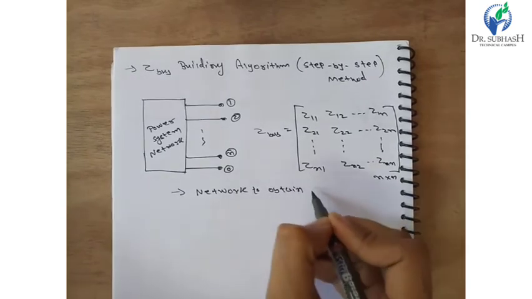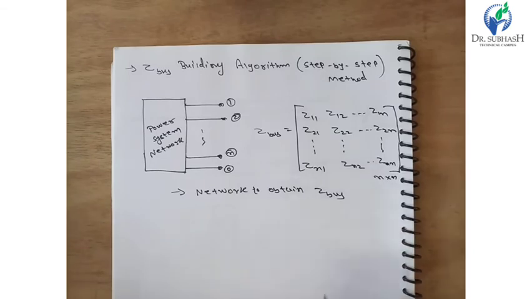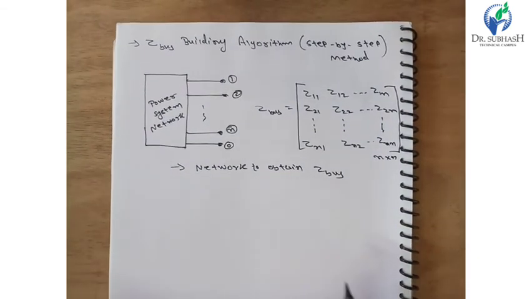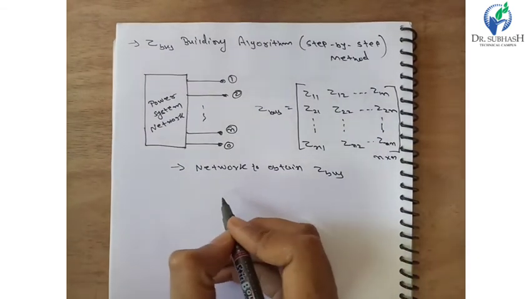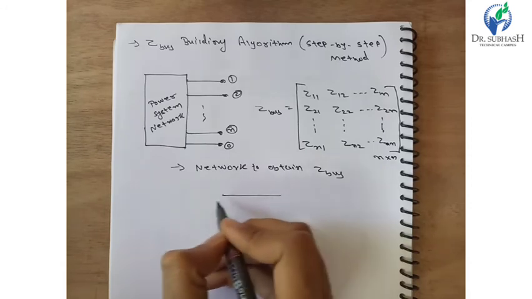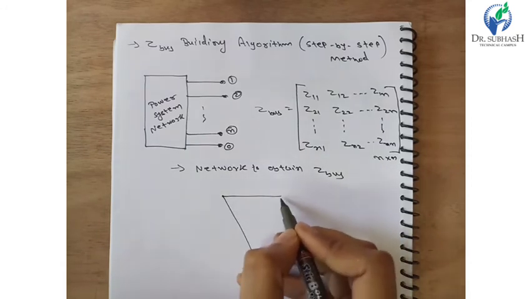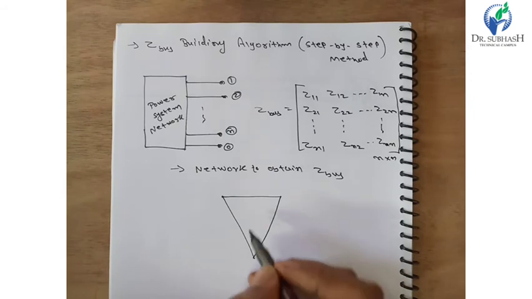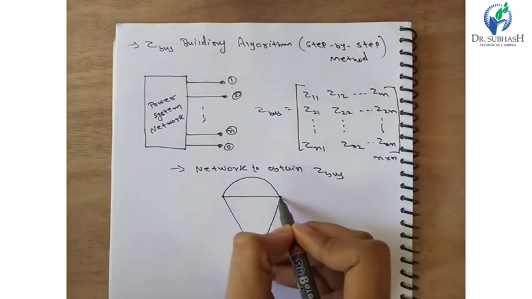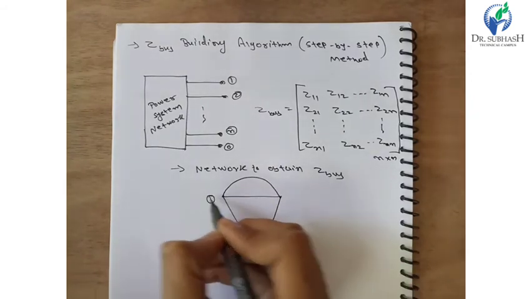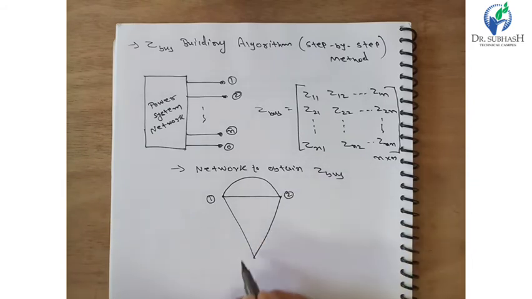So the network obtained for this Z bus formation is here. This is node number 1, node 2 and a reference node.